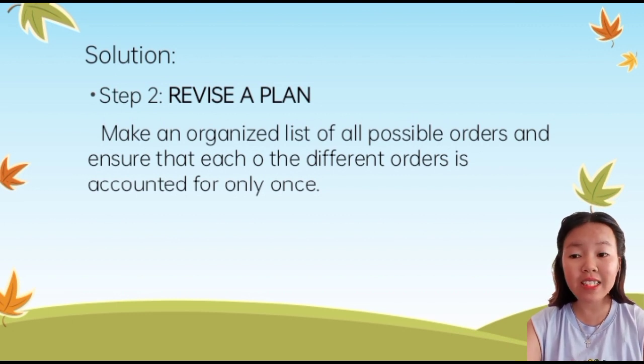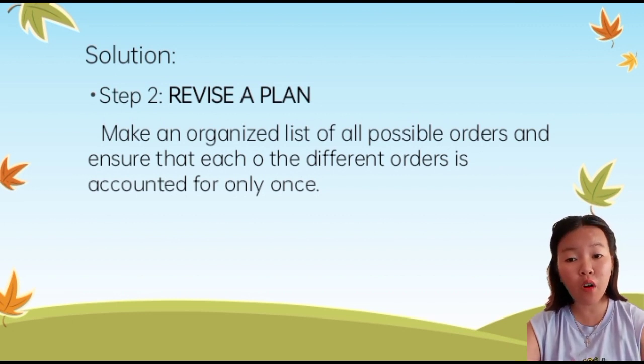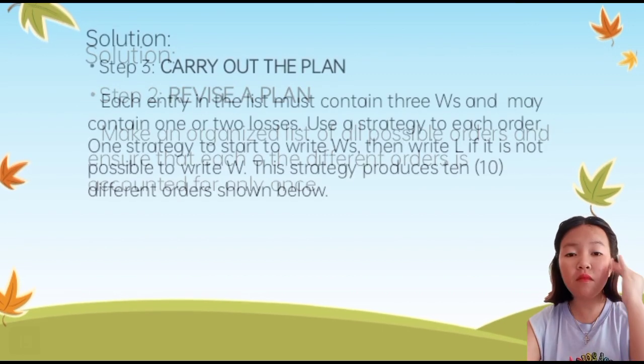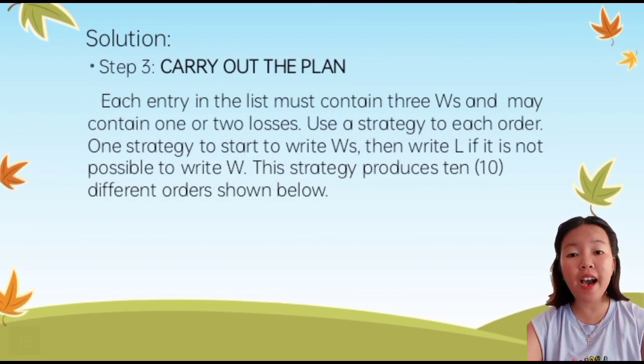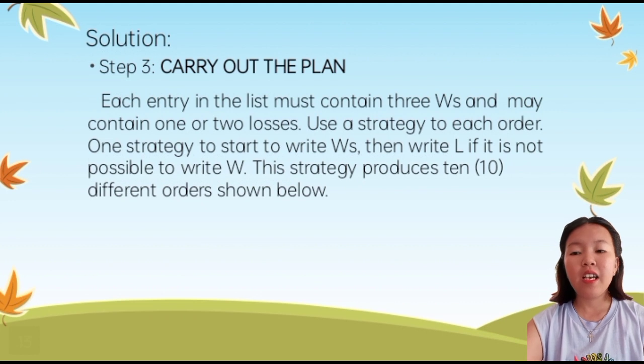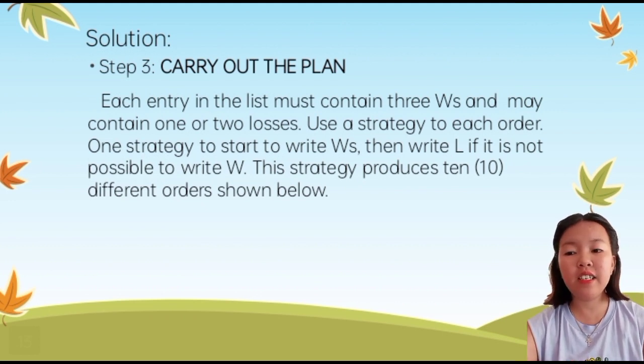Make an organized list of all possible orders and ensure that each of the different orders is accounted for only once. Step 3. Carry out the plan. Each entry in the list must contain 3 wins and may contain 1 or 2 losses. Use a strategy to list each order.